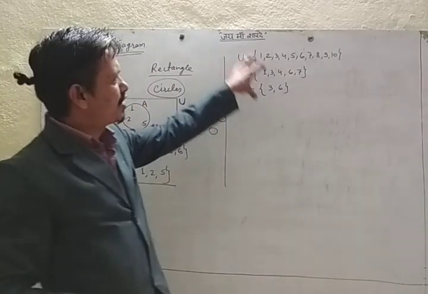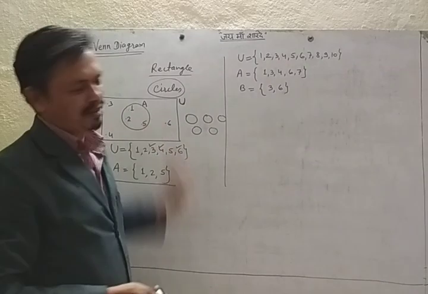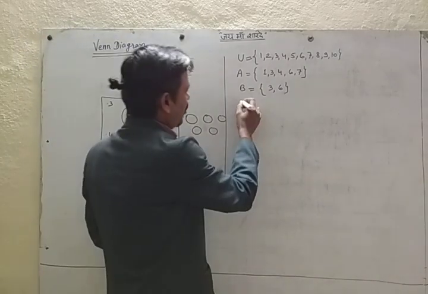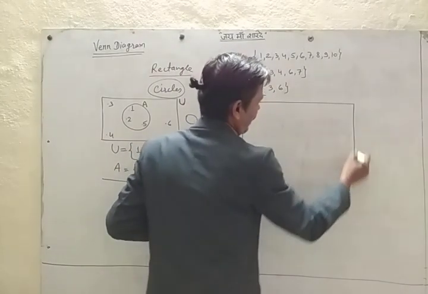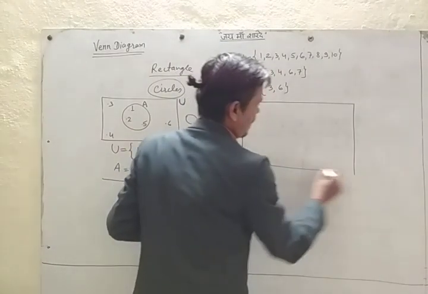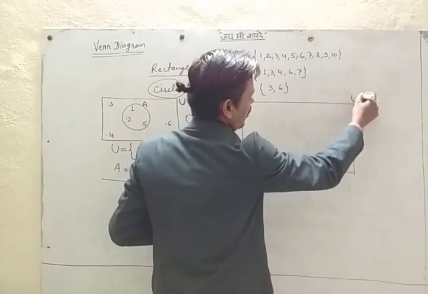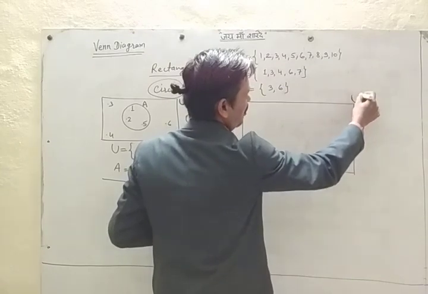Now these sets we want to write as a diagram. So for U we use a rectangle. This is our universal set U.